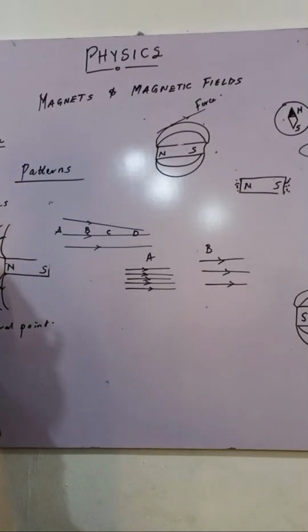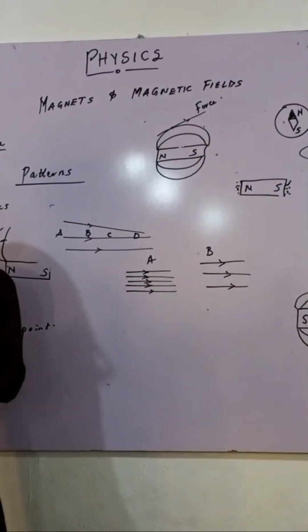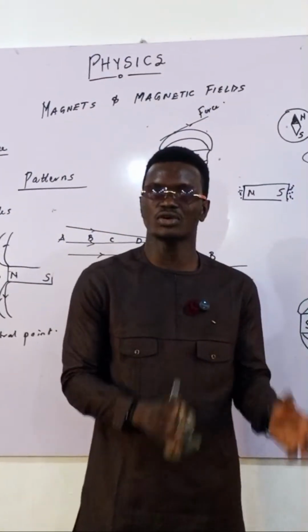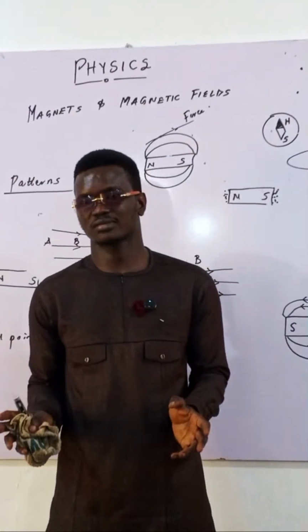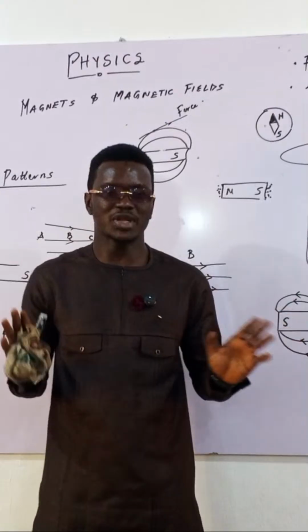A. All of these things, we'll be applying them when we start talking about the applications proper, when I start talking about Faraday's law of electromagnetic induction. So please pay attention, we have not started. All these ones we are doing, they are still play.